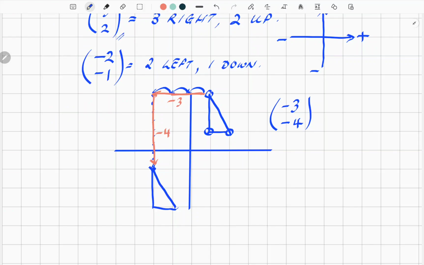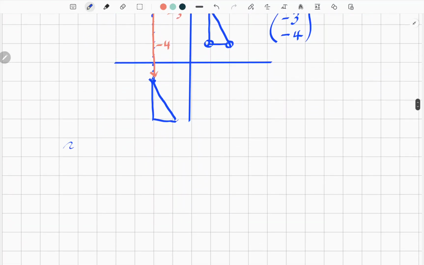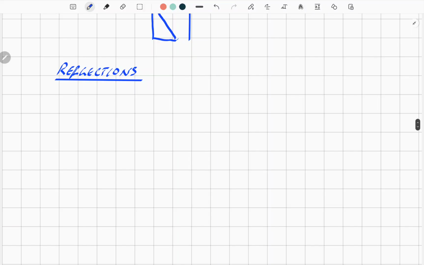All right, fine. And then I'm going to go into reflections. Okay. Now, in a reflection, the first thing you have is a mirror line. So whenever they give you a reflection to do, right, they will give you the line in which to reflect it.